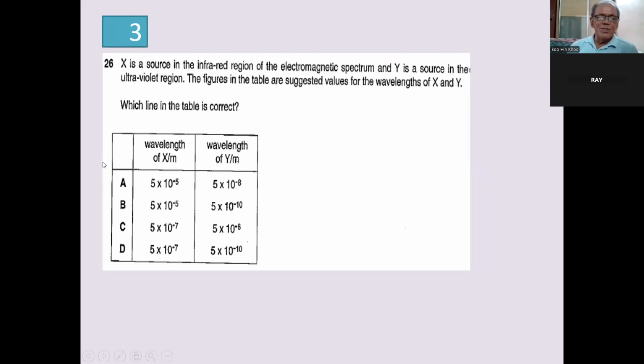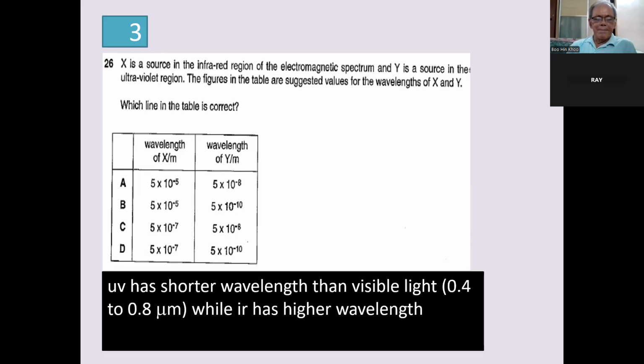This memory work also, X and Y. X is in the infrared, Y in the ultraviolet region. As usual, go to visible light, 0.4 to 0.8 micrometer.